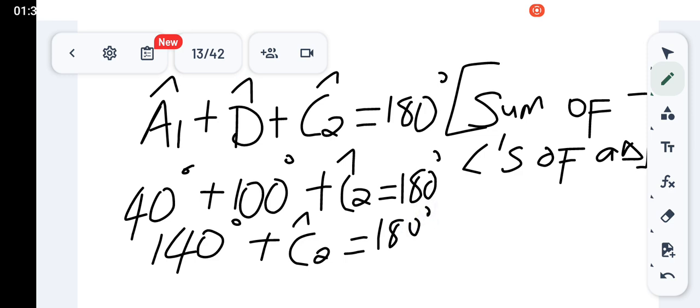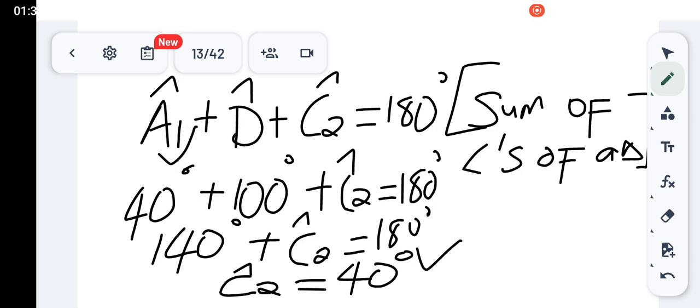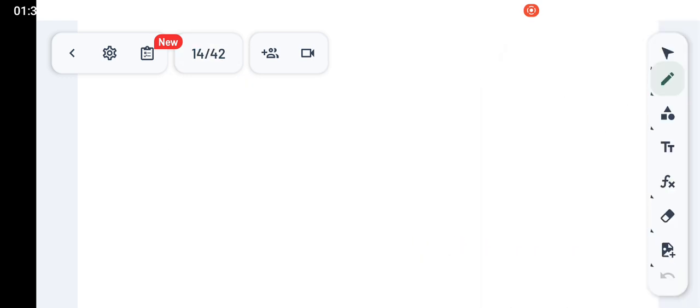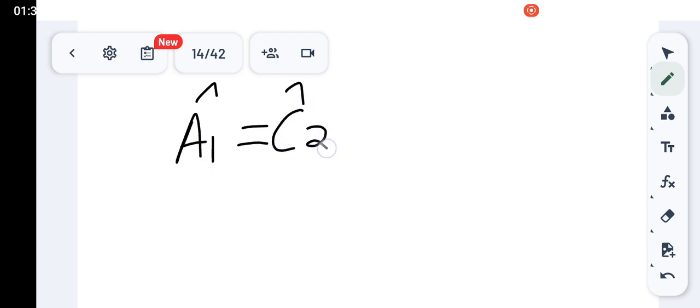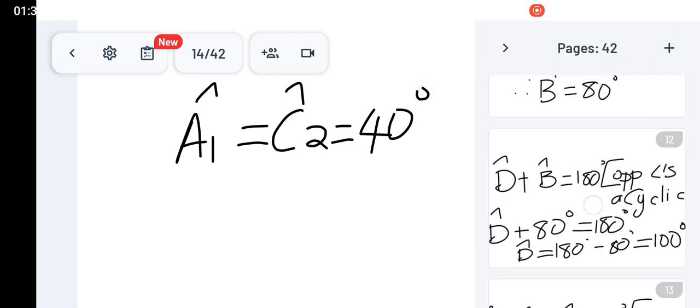Take 140 degrees to the other side, it becomes negative. Therefore 180 degrees minus 140 degrees, our C2 is definitely equal to 40 degrees. So can you see A1 is equal to C2. Both of them are equal to 40 degrees.